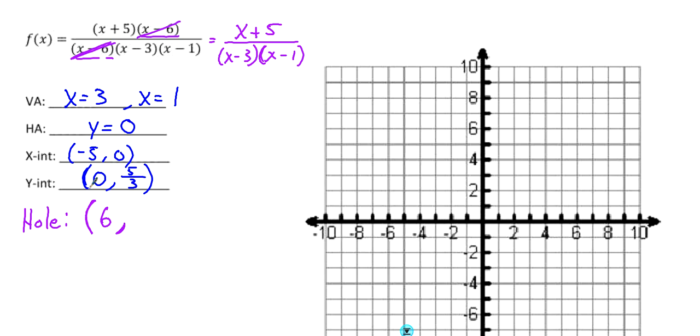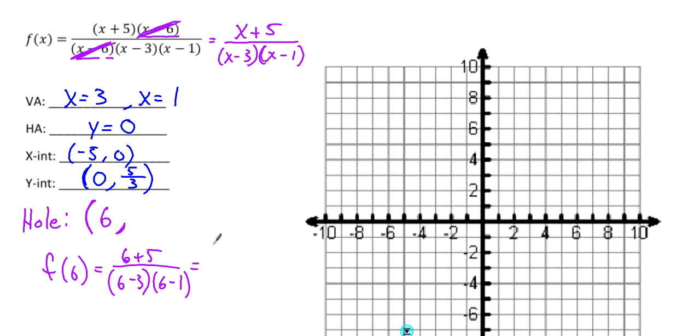So the last thing we have to do is find where our hole is. And we plug in 6 into our function. So 6 plus 5 on top, 6 minus 3 times 6 minus 1. Again, we're plugging it into the one that we crossed out the x minus 6 in, because if we plugged it into this one with the x minus 6, we're going to get 0 over 0.